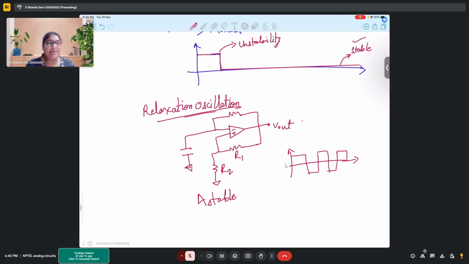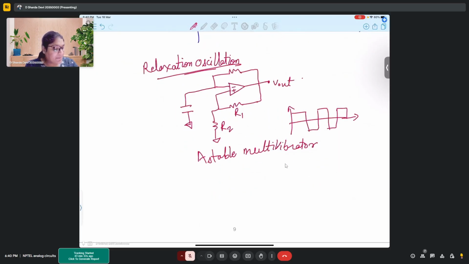A stable state means that when you see it in a steady state situation, the system is in that particular state. So that is the steady state and a stable state. So this circuit is also known as an astable multivibrator. Other than that, astable or monostable multivibrators can be designed using 555 timer ICs.